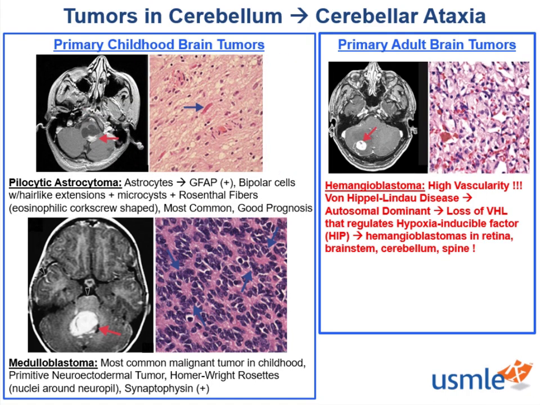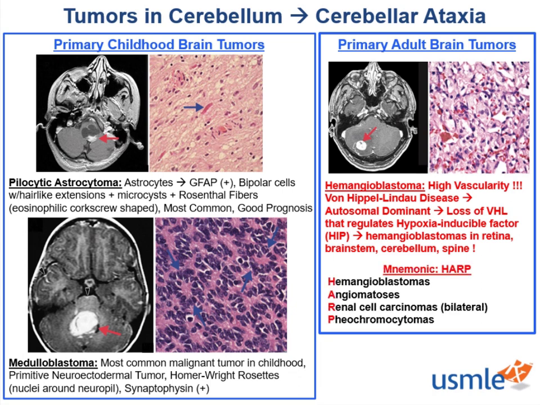Hemangioblastomas form in the cerebellum of adults, especially those with von Hippel-Lindau disease, an autosomal dominant disorder due to a loss of the VHL protein that regulates hypoxia-inducible factor. Without this regulation, the body thinks it's hypoxic and forms highly vascular tumors in the retina, brainstem, cerebellum, and spine called hemangioblastomas.